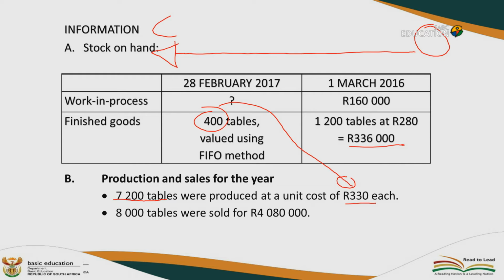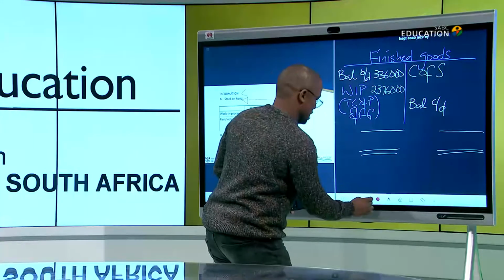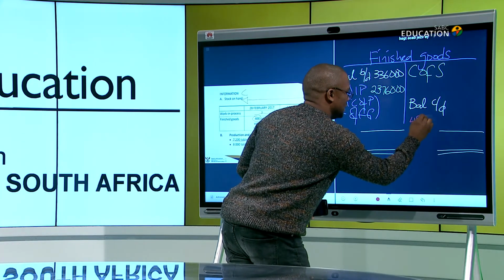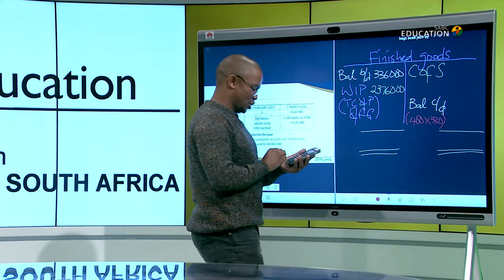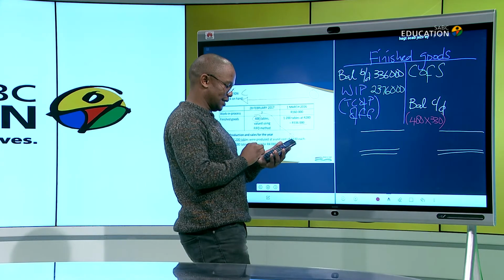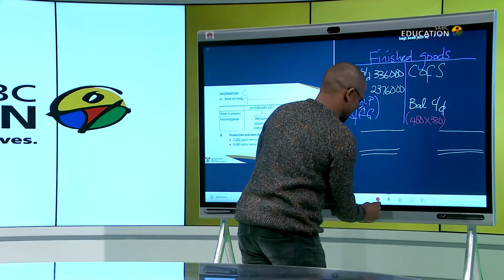So let's go to our ledger account. There you are. Our finished goods at the end will be how much? 400 times how much? 330. So let's do it together. 400 times 330 is 132,000.